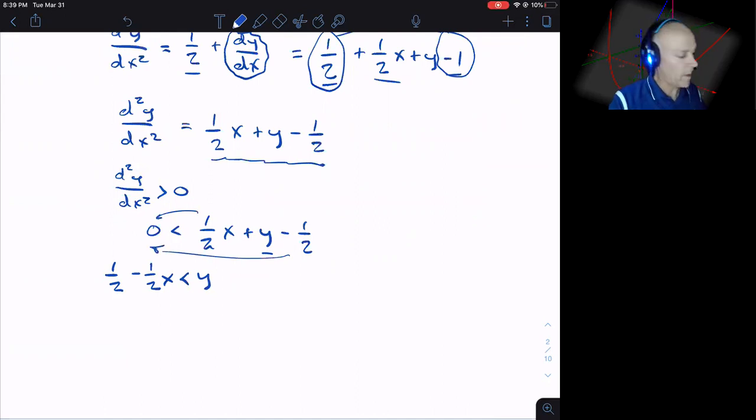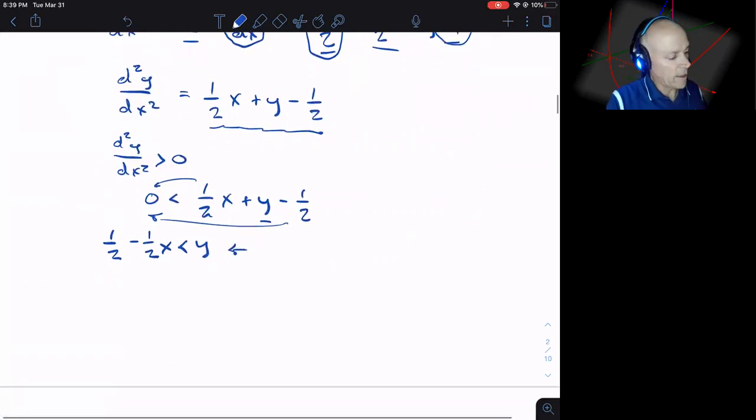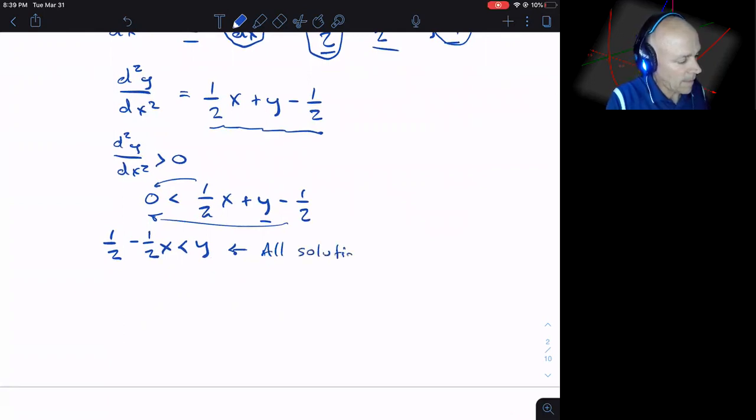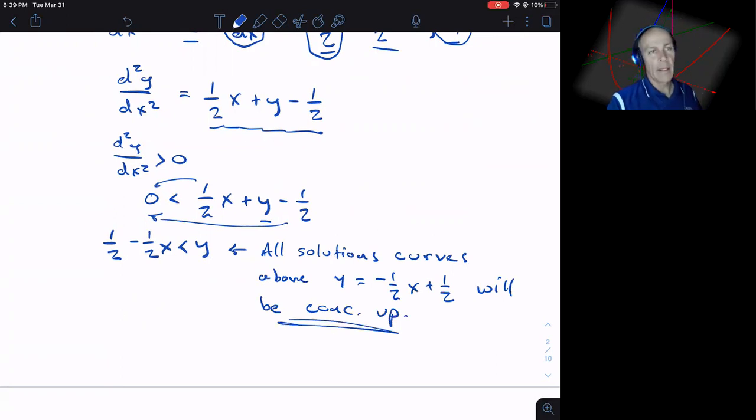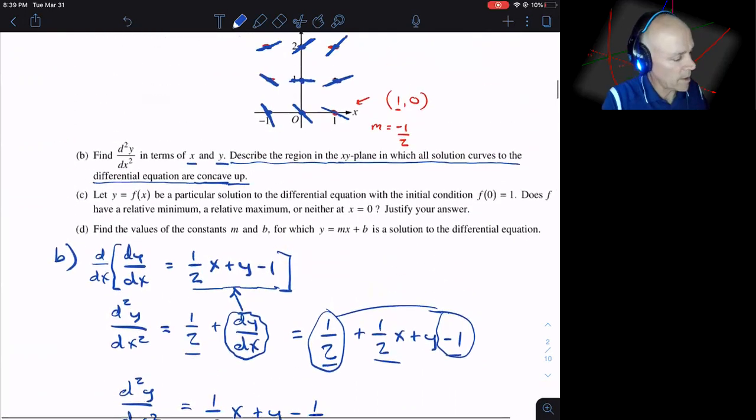So now I have this linear inequality, and I'm basically saying that all solution curves above this line, so really up above the line y equals negative 1/2 x plus 1/2, will be concave up. Okay, that second part was maybe a little bit tricky. So there's part B.